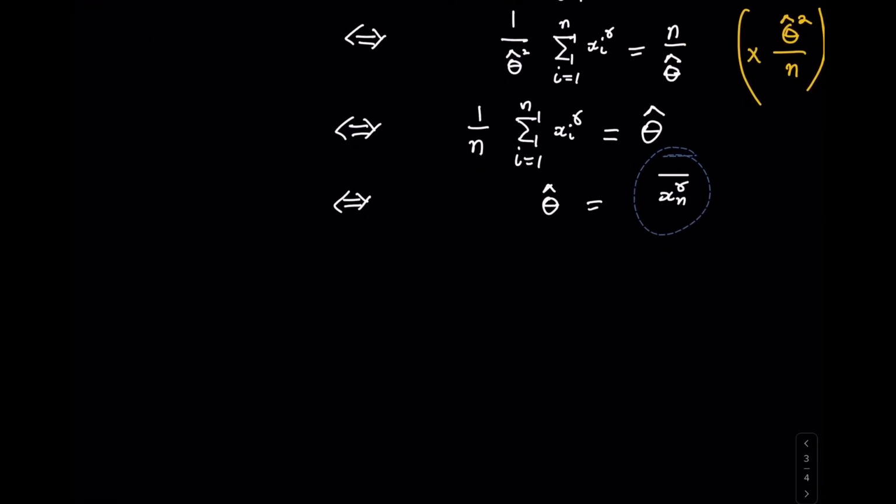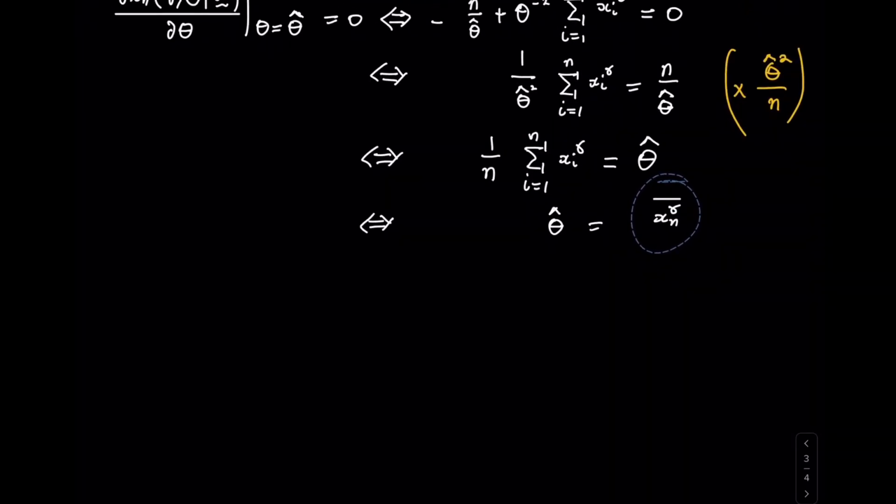So, now that we've come up with this particular expression, we need to prove that this is in fact a maximum. To prove that, we need to use the second derivative test. So let's evaluate the second derivative of the log likelihood function, gamma x at d theta squared.